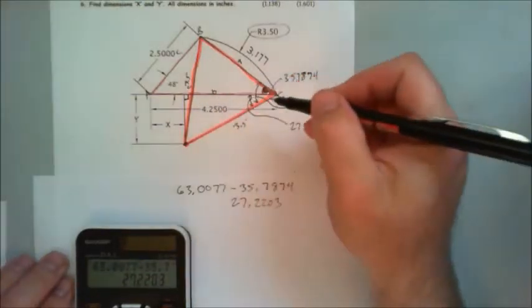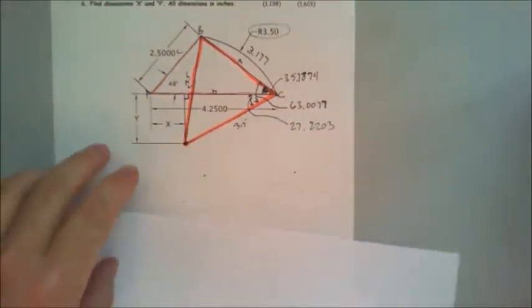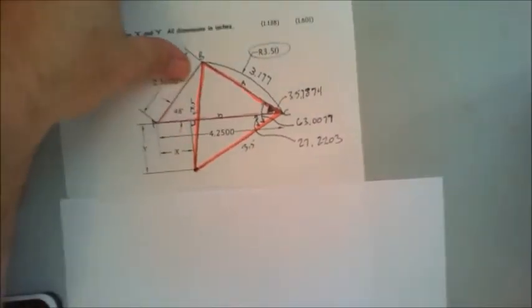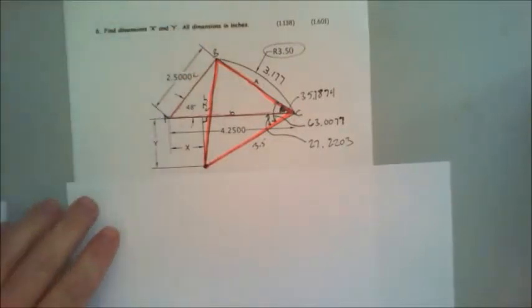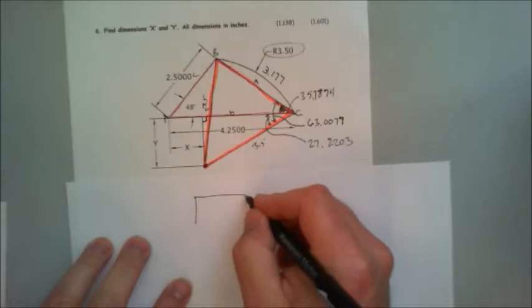We have a triangle. Get rid of this. Bring in a fresh piece. So now I have a triangle that looks like this.